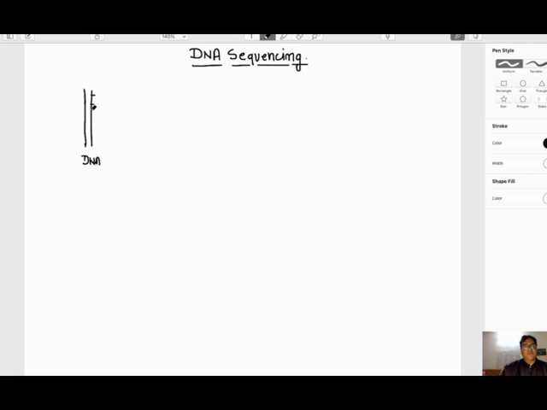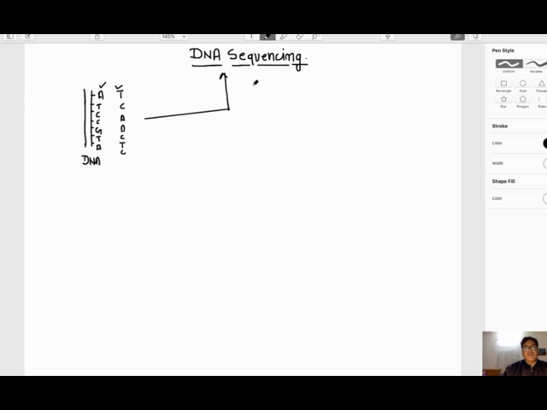These nucleotide sequences can be A, T, C, C, G, T, A and so on, or it can be T, C, A, G, T, C. So what exactly is the sequence of nucleotides of this DNA, we don't know. So we have to analyze or determine the nucleotide sequence of this DNA, and this is what we call DNA sequencing.